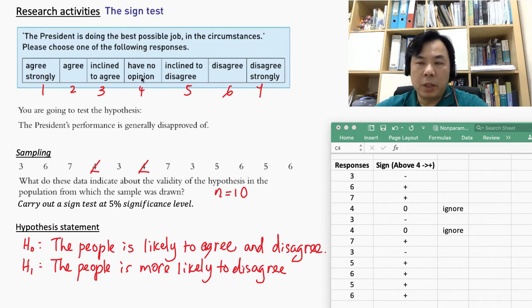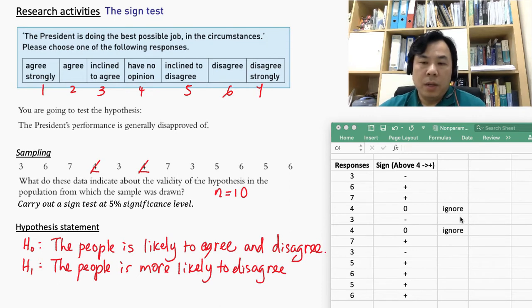Right. So we are actually comparing for each of these responses whether that observed value is above or below 4. If you see a negative, it means it's below 4. If it is plus, it means above 4 here. So here we have 1, 2, 3, 4, 5, 6, 7.